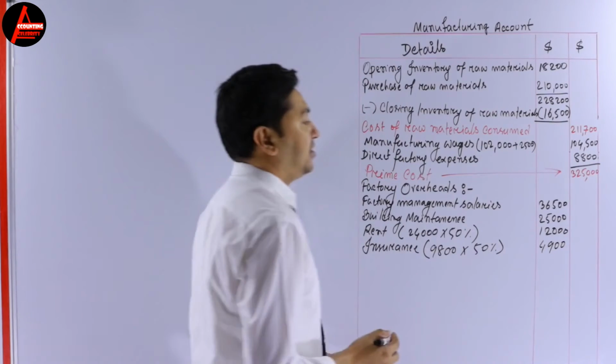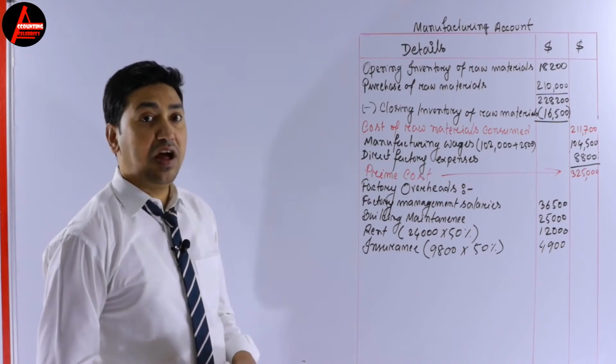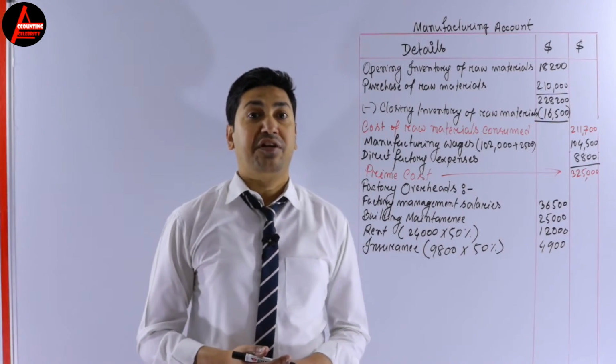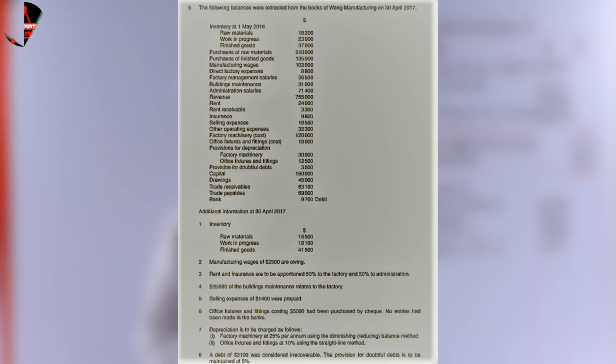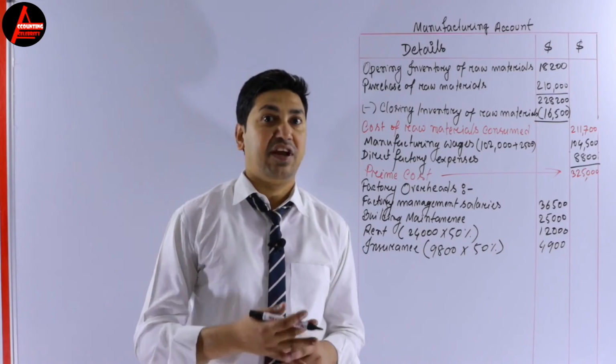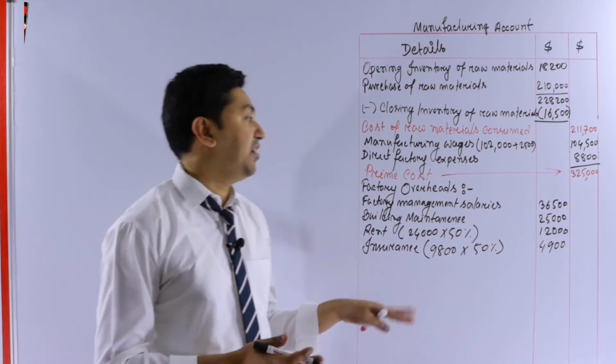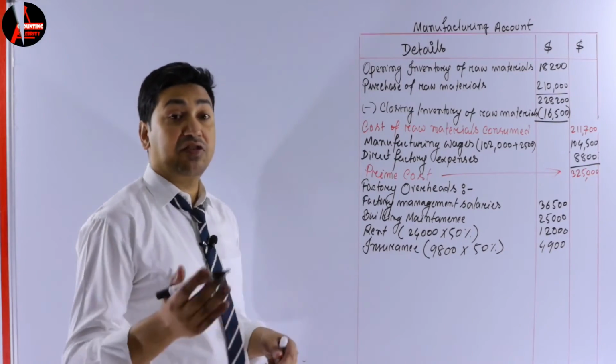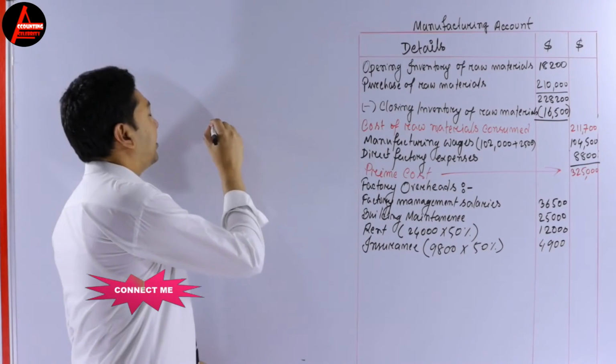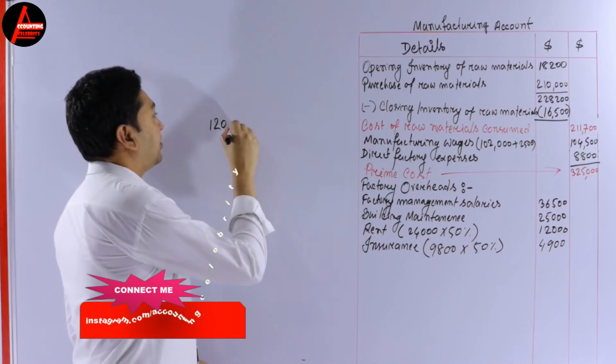After calculation, we do not have any more items. But look at adjustment number 7, where it is written that depreciation is to be charged as follows: factory machine at 25% per annum using the diminishing balance method. So the factory machine will come here. The value in the question is $120,000.